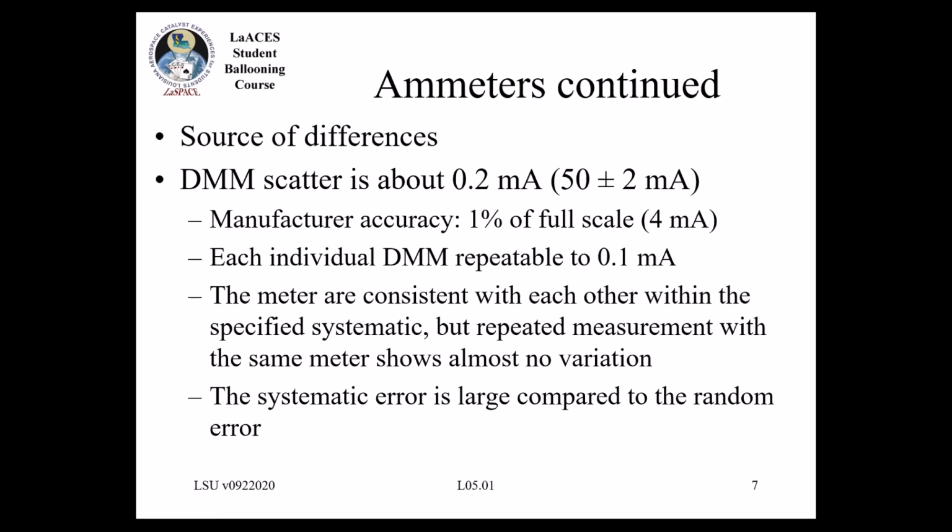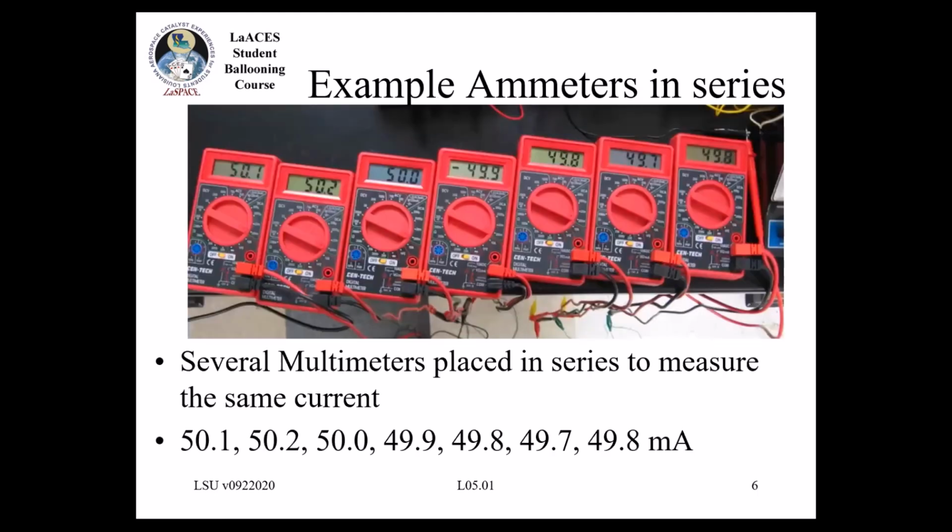But if we repeat the measurement, each one of those multimeters basically gives the same value within 0.1 milliamps. So the difference between all of those is not random. It's systematic. If you repeat the measurement with, for example, the one that reads 50.2, you'll get 50.2, 50.2, 50.